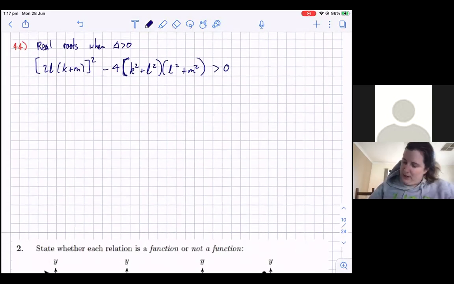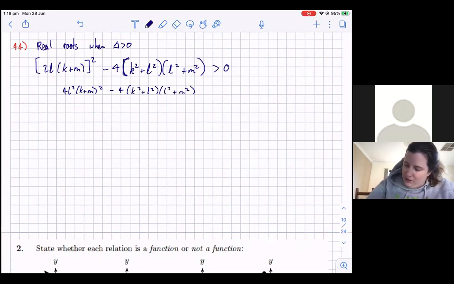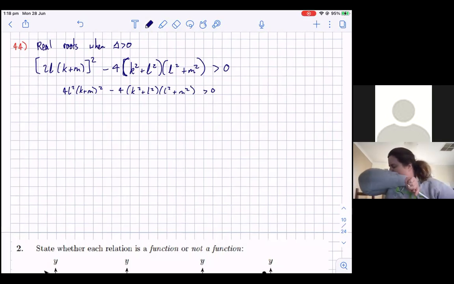Okay, 2l outside of k plus m squared. I've got 4l squared times k plus m squared, take 4 times k squared plus l squared times l squared plus m squared, and I'm looking for this to come out as bigger than 0. We may as well expand, I guess. I always think I'm losing if I'm expanding.